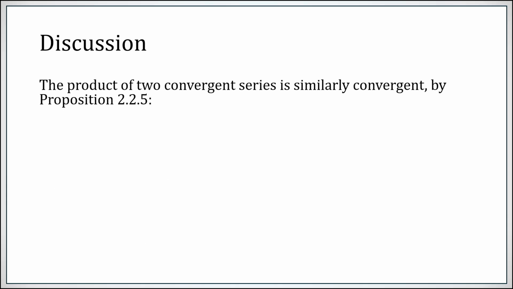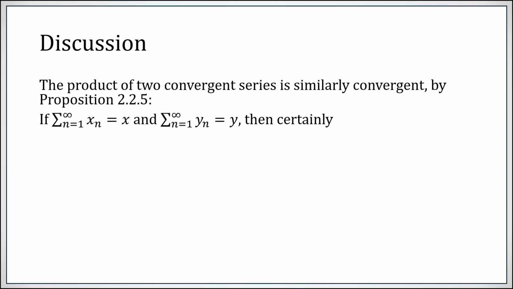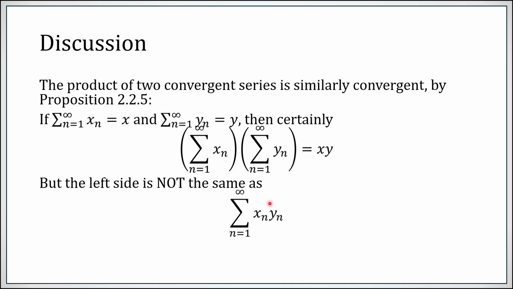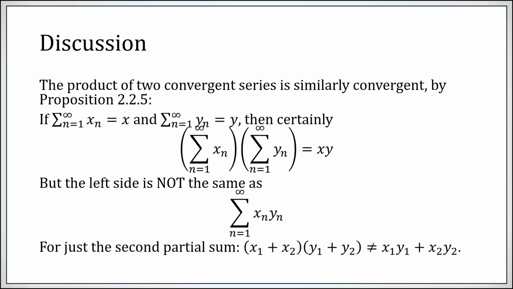Now, the product of two convergent series is convergent. So if you have a series converging to x and a series converging to y, then if you multiply the two series together, it will converge to x times y. But the left side is one series times another. It is not the same thing as this series of products.